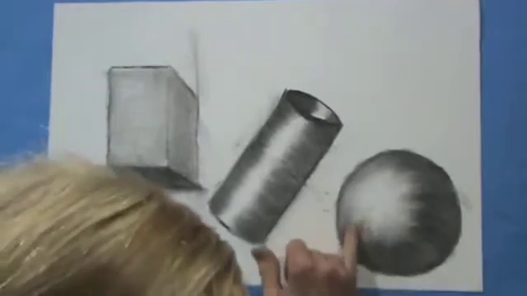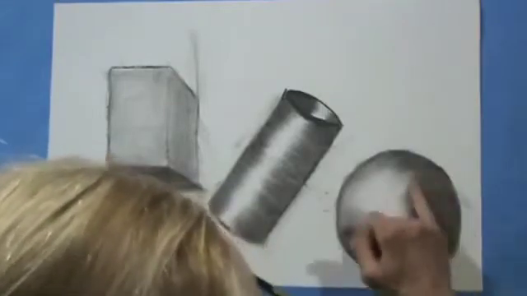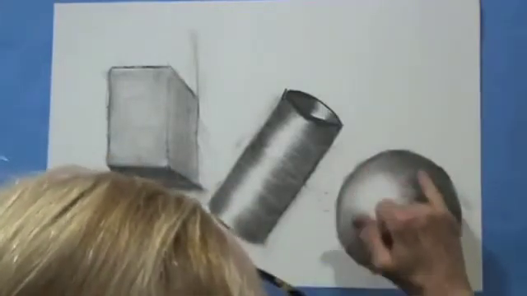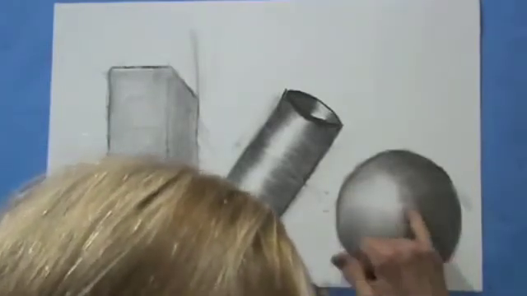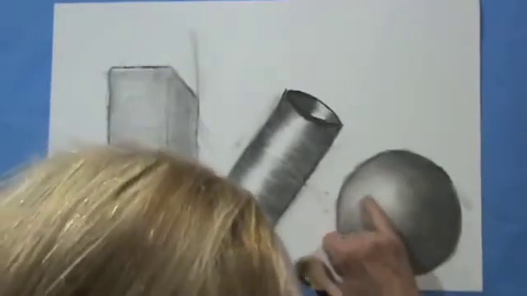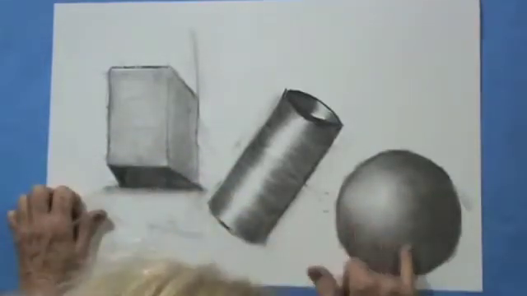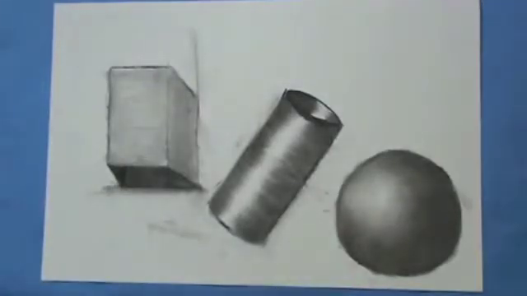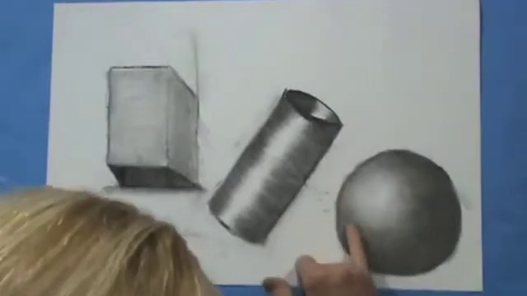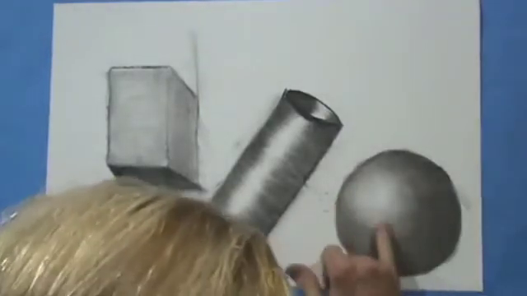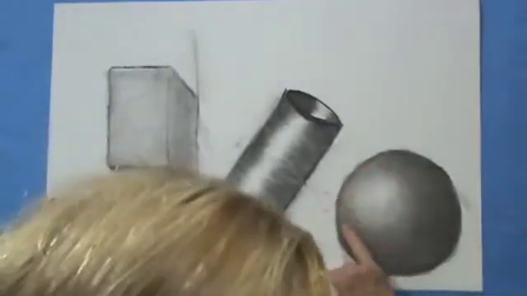So now I show them that if I use stirring kind of motions with my finger, and I lighten up on the pressure on my finger and barely touch the paper, I'm going to start getting that look where it's looking like a sphere. And just lighter and lighter until we get to that one little point.